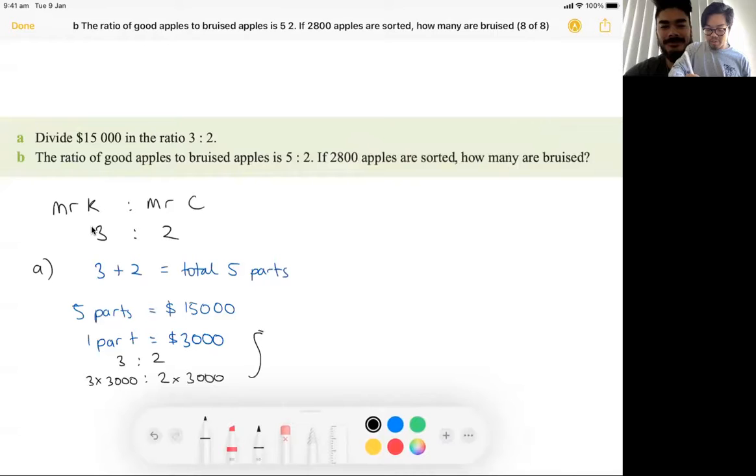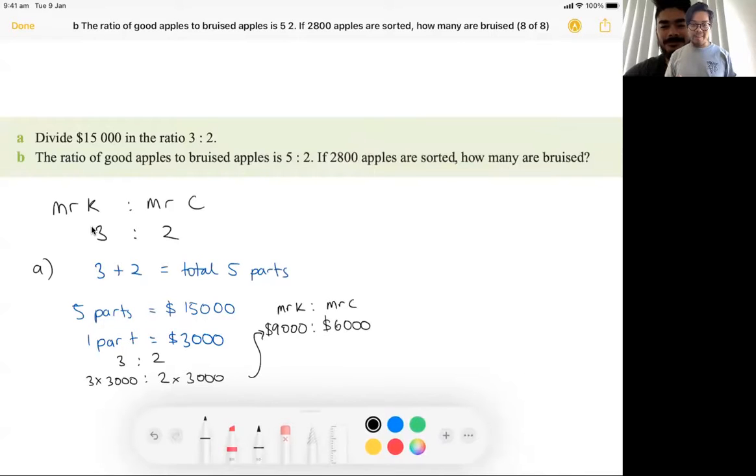And so the ratio is going to be 9,000 to 6,000. So that means myself, Mr. K, I get $9,000. Woohoo! Cheers for me. And Mr. Chambers, he only gets $6,000.